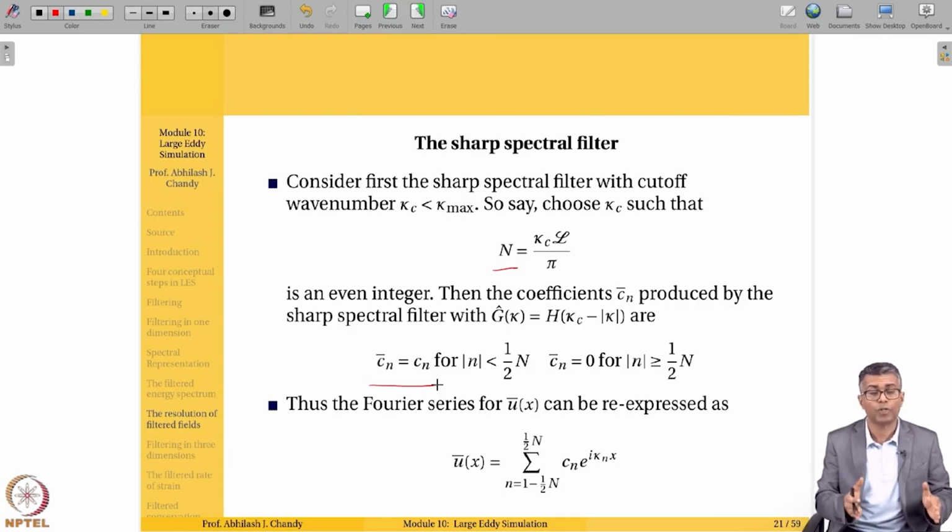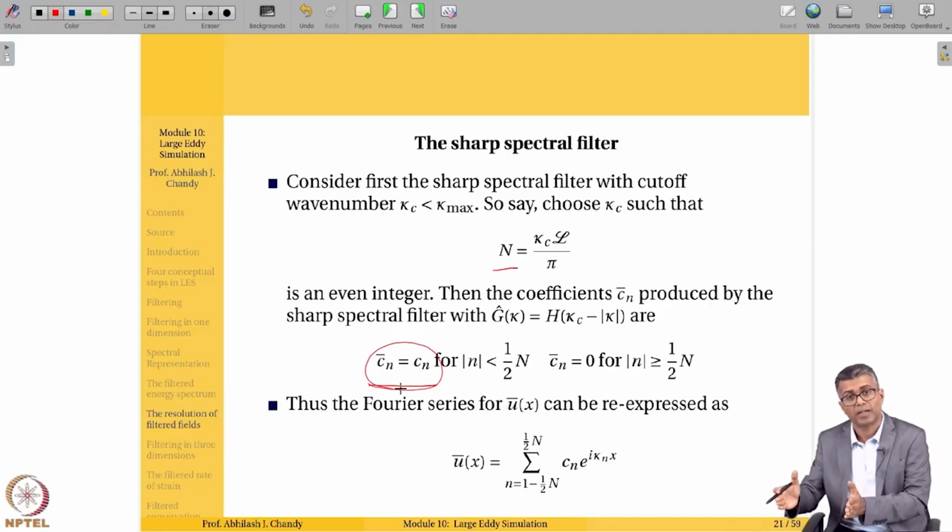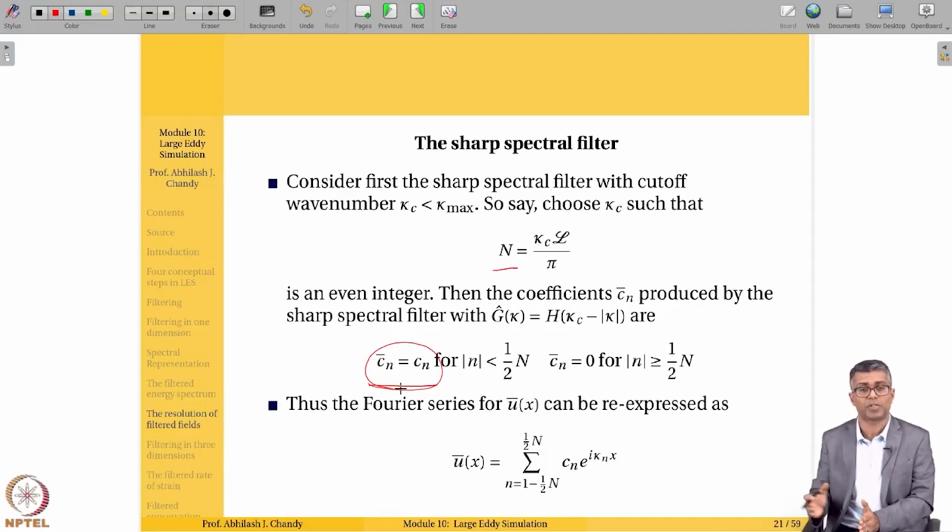Until your grid points corresponding to LES, until your cutoff wave number, the Fourier modes of LES and DNS are the same. Are you getting me? But beyond kappa c, it is just 0, because it completely removes all wave numbers greater than kappa c.